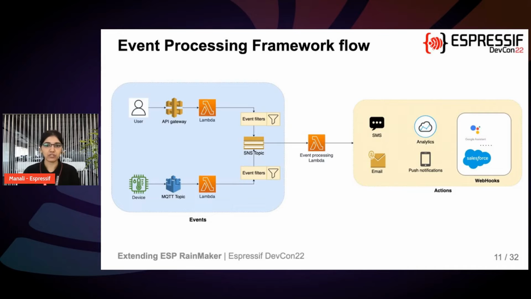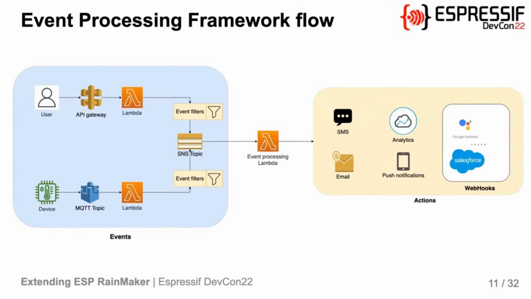If we recall the entire flow we have seen till now, in the events part there are two entities involved, user and device, which send messages or requests to the API and MQTT, which then trigger their respective lambdas. There is also a part called event filters, which is an advanced concept, and we'll get to it at the end of this section.